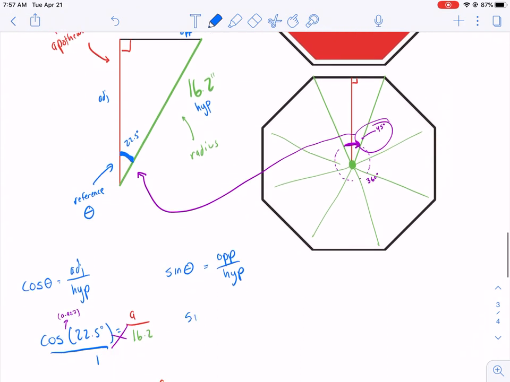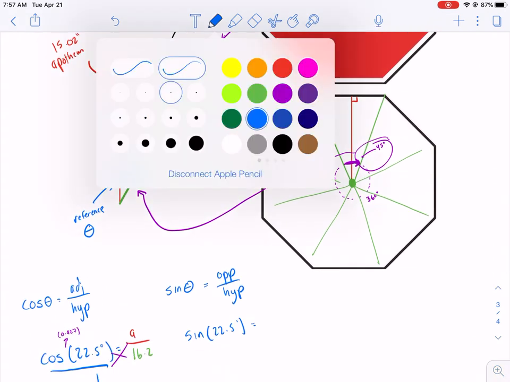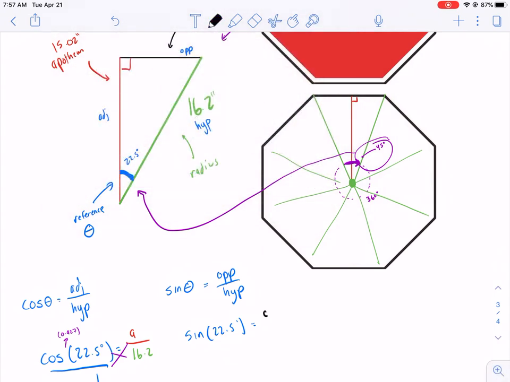So the sine of 22.5, same angle, is equal to my opposite side. I'll just call it O for now, because I don't really want to call it s over 2. So O divided by my hypotenuse, same thing, 16.2.